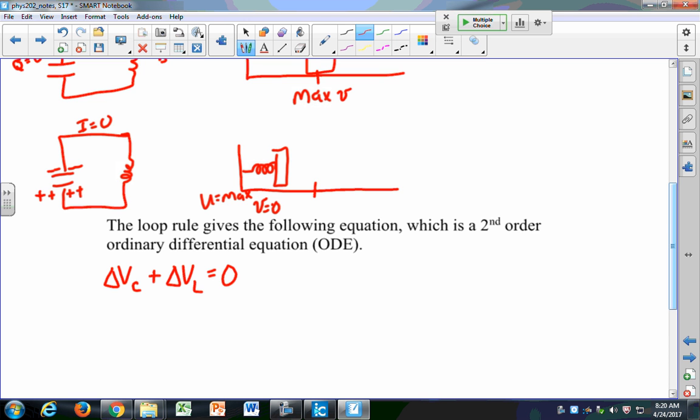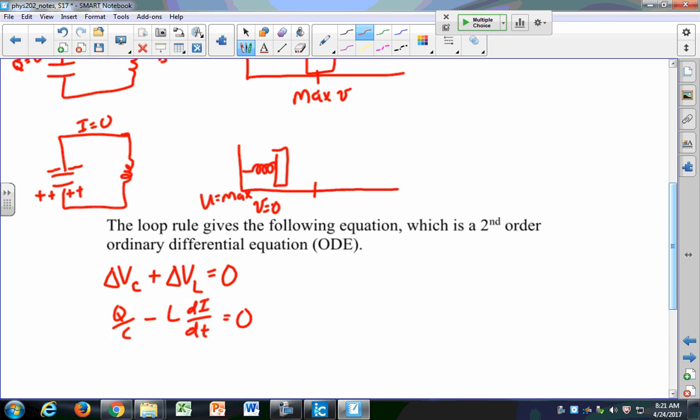And so delta V of the capacitor, that's just Q over C. That's from our Q equals CV. But delta V of the inductor is going to be minus L di dt. That is the EMF of the inductor, and it's going to be opposite the EMF of the capacitor. And this is equal to 0.